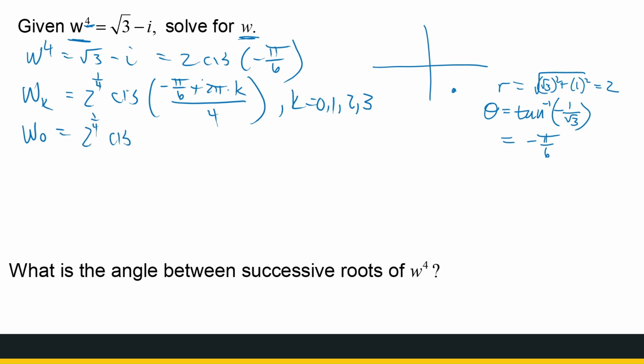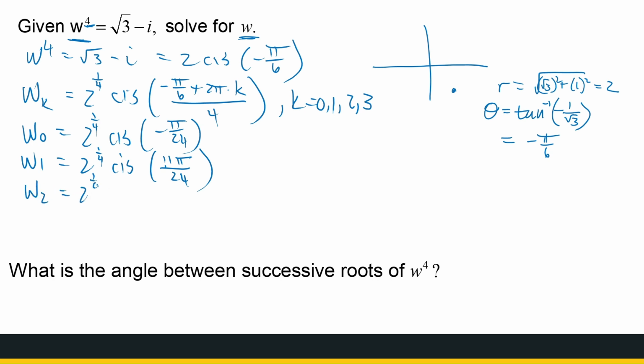So W0 is 2 to the power 1 over 4 cis, when k is equal to 0, I've got minus pi over 24. W1 is 2 to the power 1 over 4 cis, k is equal to 1, so I get 12 pi over 6 minus 1 over 6 gives me 11 pi over 24. W2, 2 to the power 1 over 4, cis, k is equal to 2 now, so it's 4 pi.